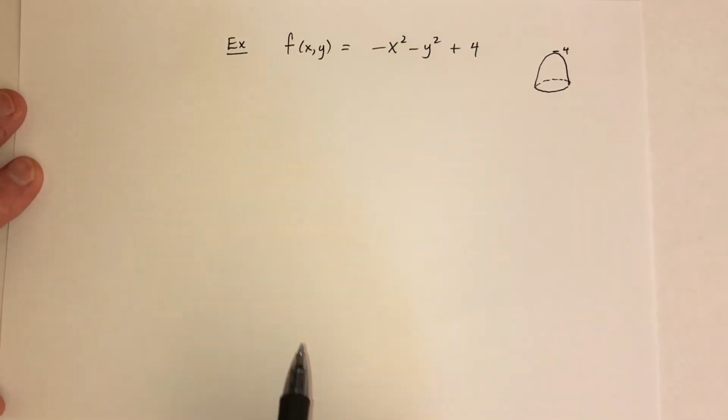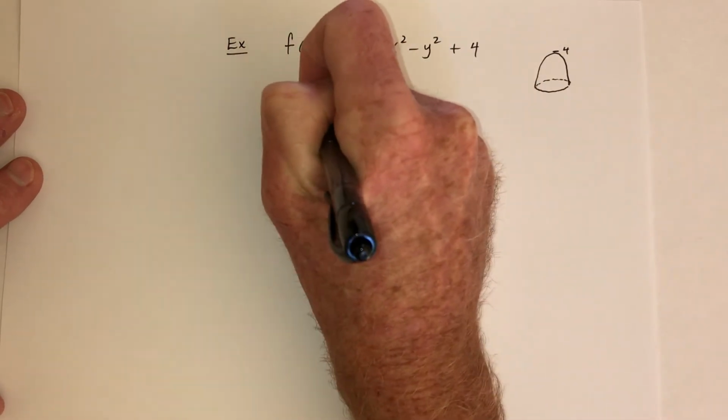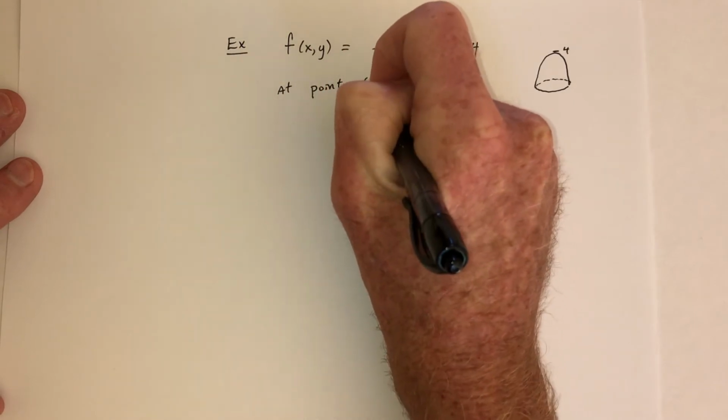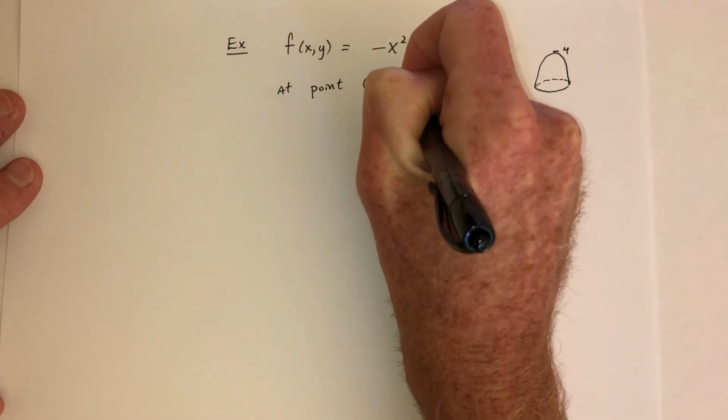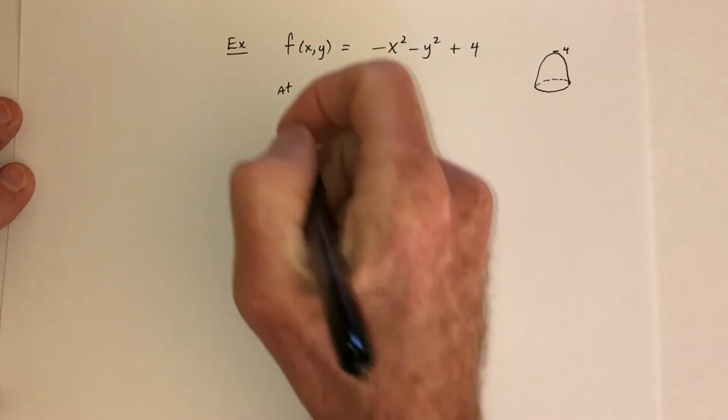And then the point is going to be (1, 0, 3). So at one particular point, then find the derivatives.